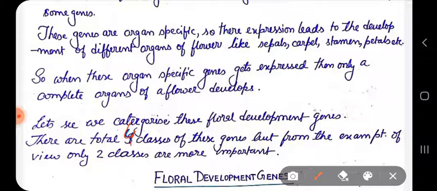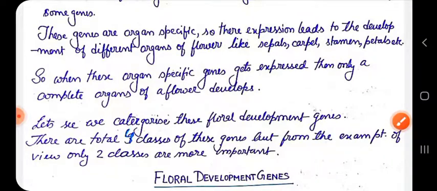But for simplicity, I will try to discuss them in a simple way. Let us see those flower development genes in a typical flower. Here we have used the model flower of Arabidopsis thaliana. Let us see.